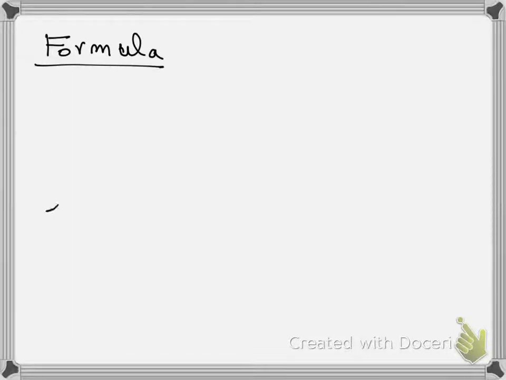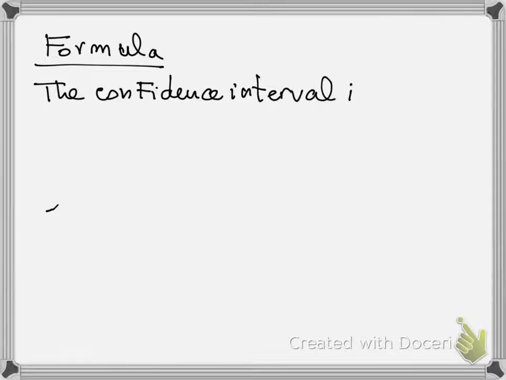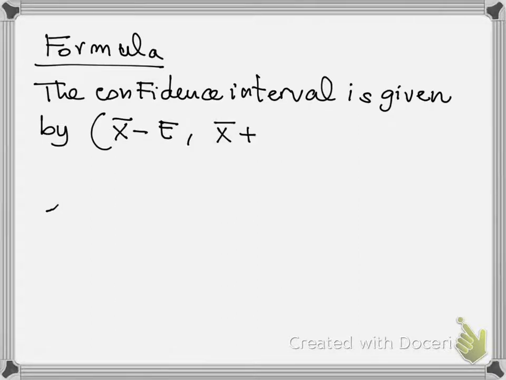The interval is given by x bar, that's the sample mean, right, minus E. I'm gonna explain later what E is, but it's the maximal marginal error, and I'm gonna give you a formula for E. So x bar minus E, x bar plus E.